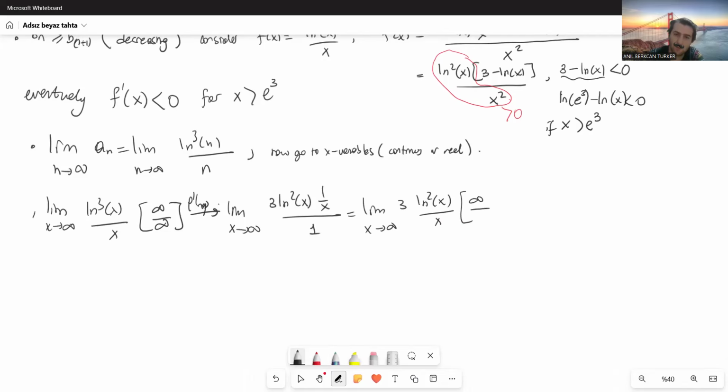Again, infinity over infinity. L'Hopital: limit as x goes to infinity of ln x. So this 3 is actually 6, and this is 1. So again, yeah, last time.